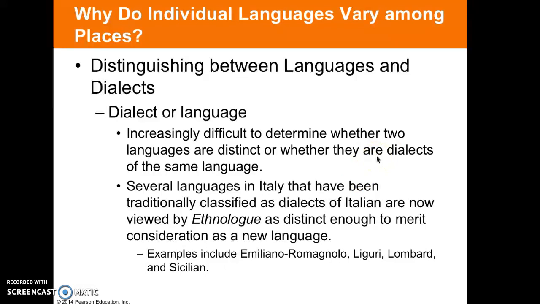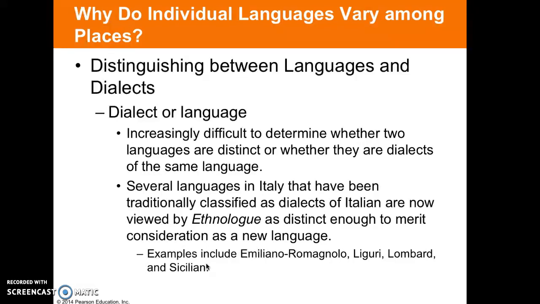Italy was divided into independent city-states. Prior to the modern era, Italy was divided into little tiny independent city-states that didn't unify. So the fact that their language dialects might be different enough to be classified as their own language makes sense because they were essentially independent. That history makes sense for these differences in their language.